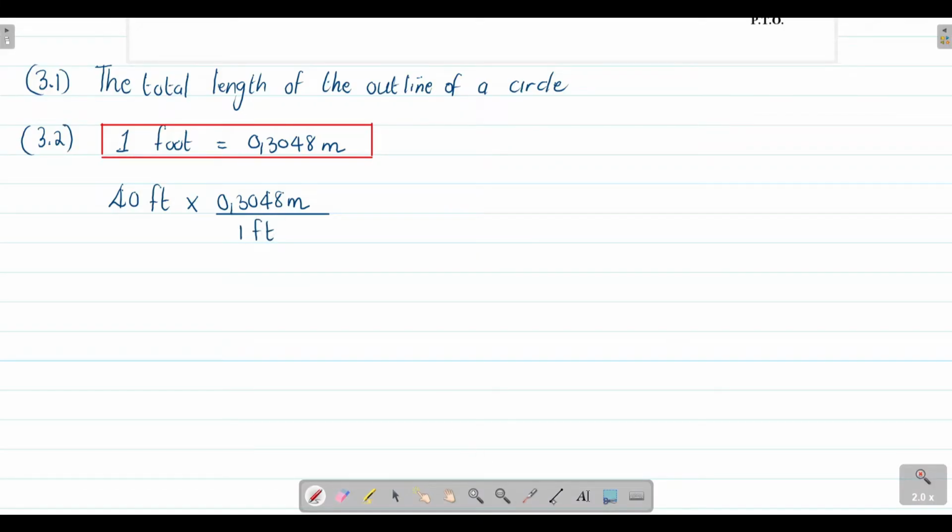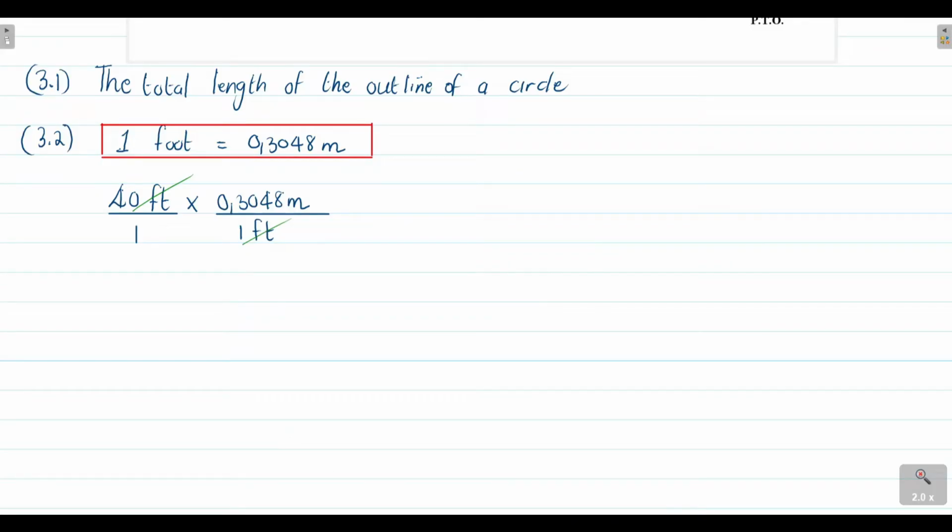Okay, what happens here, guys? You already see that 40 feet divided by 1 is just the same as saying 40 feet, but I'm writing it as a fraction so that you can see which units are converting. Okay, so the feet and the feet cancel each other. Then what do we see? 40 multiplied by 0.3048 meters.